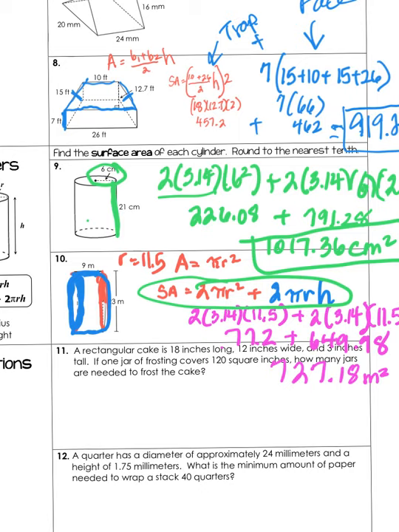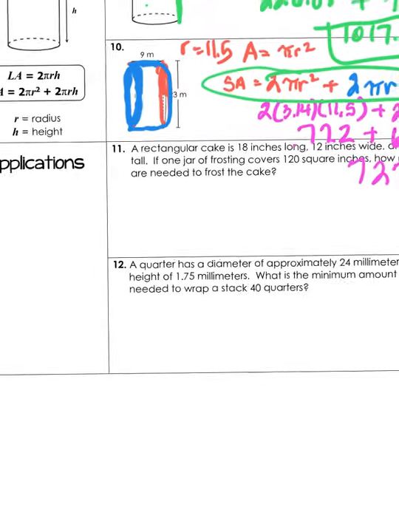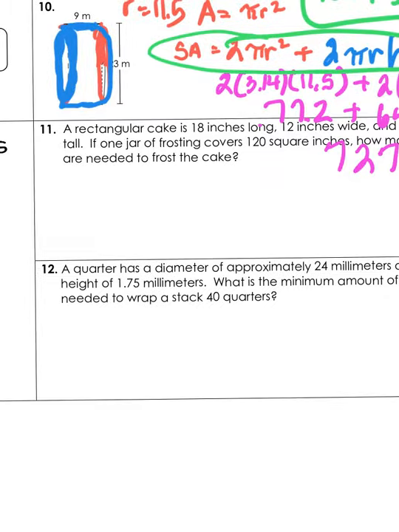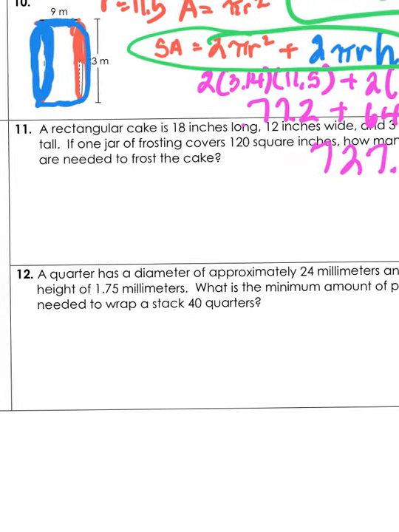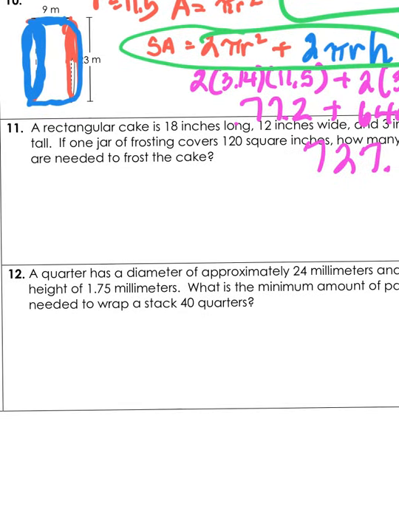Okay, I'm doing all right. We'll do a word problem here. A quarter has a diameter of approximately 24 meters and a height of 1.75 millimeters. What is the minimum amount of paper to wrap a stack of 40 quarters? Oh, this is a good one. I like it. So this will be our quarter. You guys know I'm a visual gal.